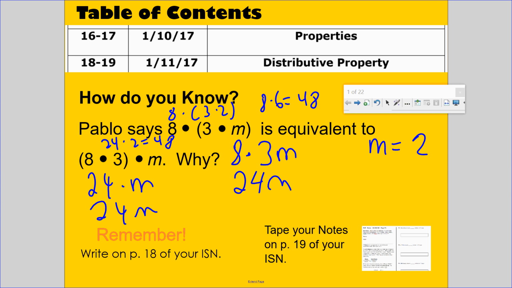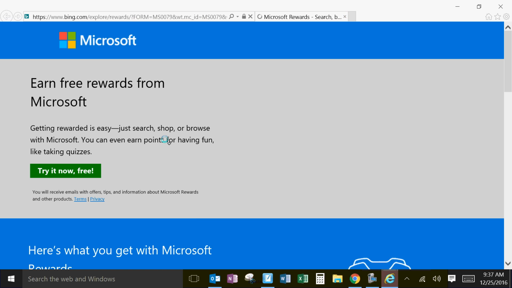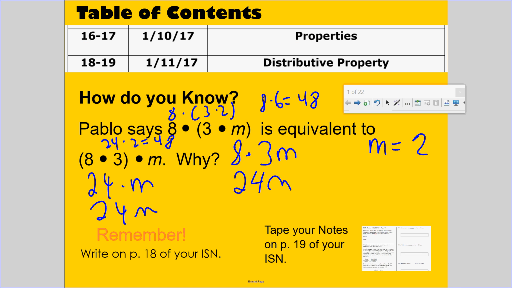So they are equivalent. This is called the associative property. In the associative property, when you multiply or add, it doesn't matter which is first, second, or third term, it will always be equivalent.